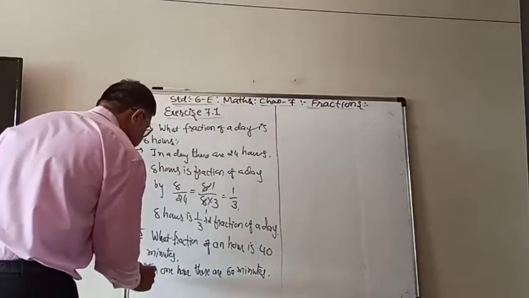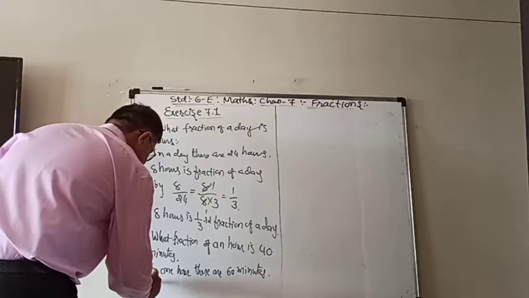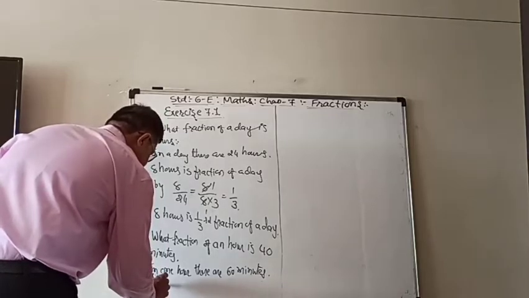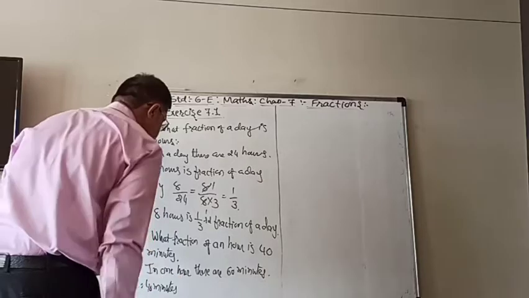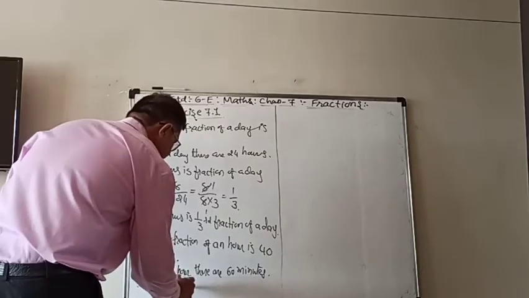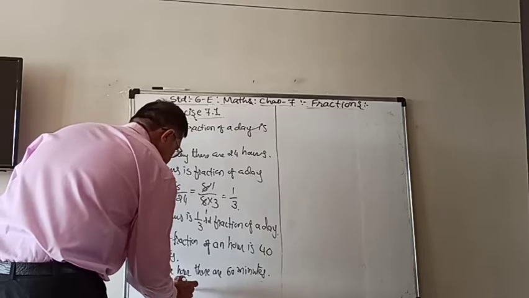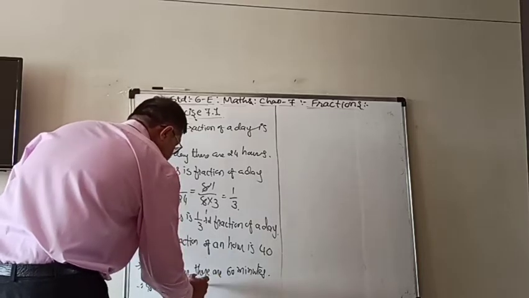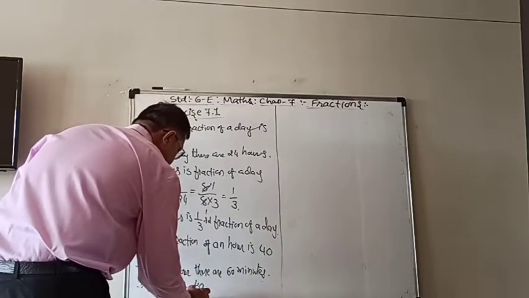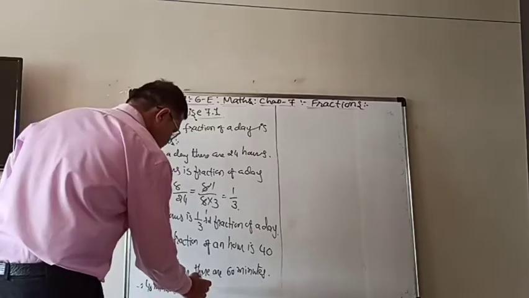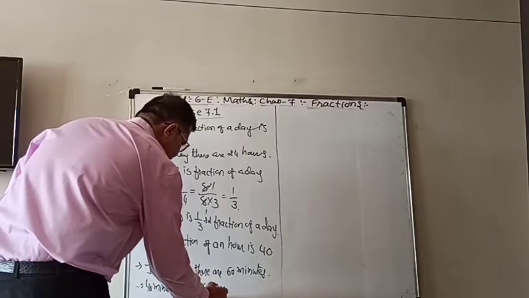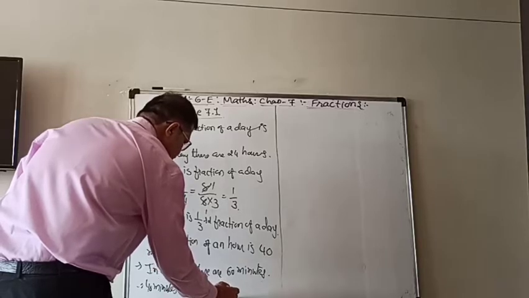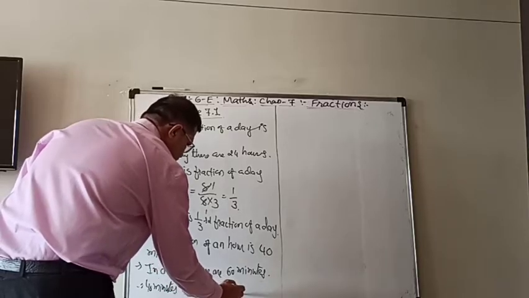Therefore 40 minutes is, so now 40 upon 60 is equal to 2 2s are 4, 3 2s are 6, 2 cancel, 2 by 3.